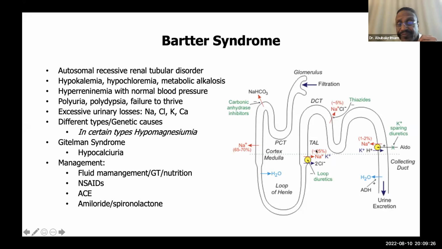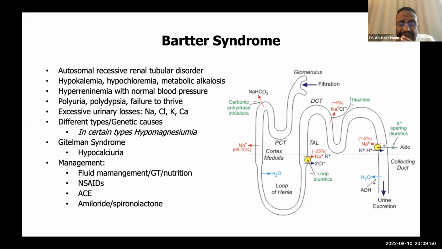And so the end result is the chloride being negatively charged, the body is trying to reclaim back a negatively charged material, which is the bicarbonate, and that takes place excessively in the proximal part of the nephron down here.